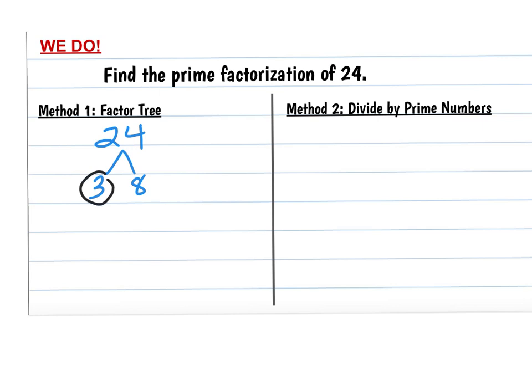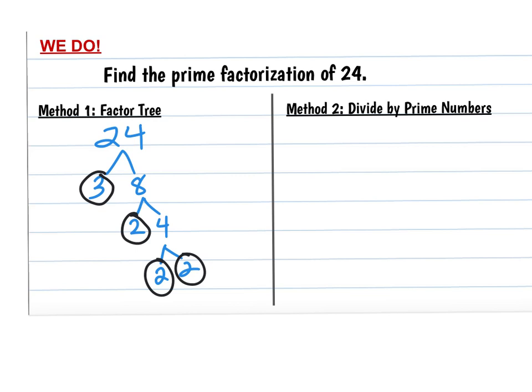I know that's prime. I'm going to circle it. That's a prime factor. Go to 8, and I'm going to factor that. Well, 2 times 4 is 8. 2 is prime, so I circle it. 4 is not prime, so I'm going to continue. It's 2 times 2. Both of those are prime, so I circle them. So again, you keep dividing the numbers until all you have left are primes.